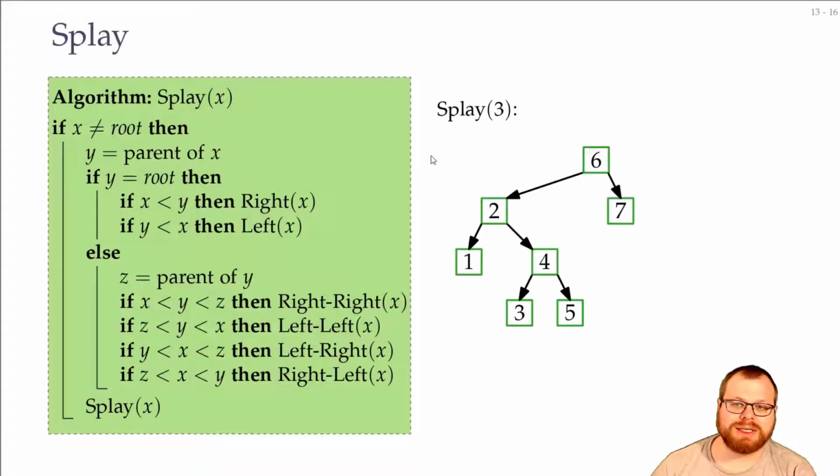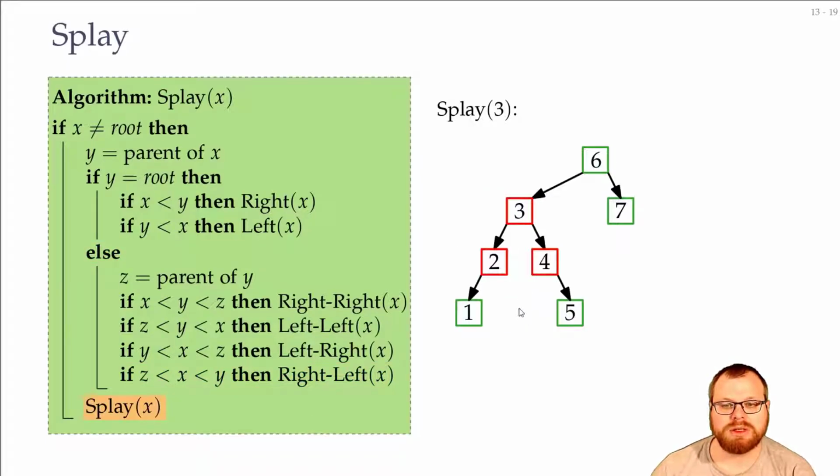So let's have a look at an example. We have this tree and we want to splay number 3. So we find it, we look at its parent, and we see, oh, it's not the root, so we have to do a double rotation. We take that one's parent, and we have this situation. We have z smaller x smaller y, so we do a right-left rotation here, which changes our tree like that.